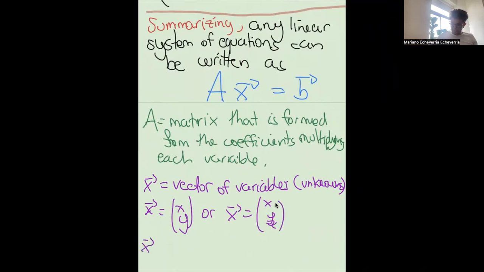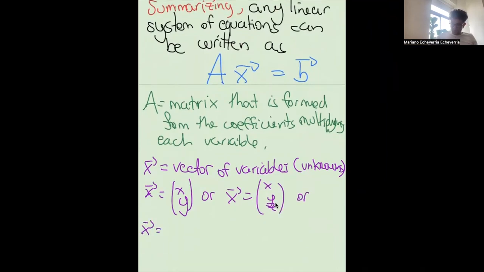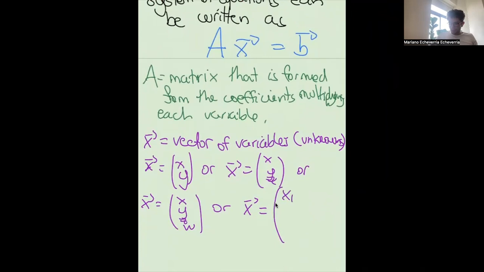Or X could be X, Y, Z, W. Or like, for example, if you start getting tired, you can just call it like X1, X2, X3, X4, X5. Because maybe you get tired of trying to look for letters in the alphabet for each variable. So once you start having a bunch of variables, it's not useful to keep using different letters. It's just better to put a number underneath X, like a subscript.